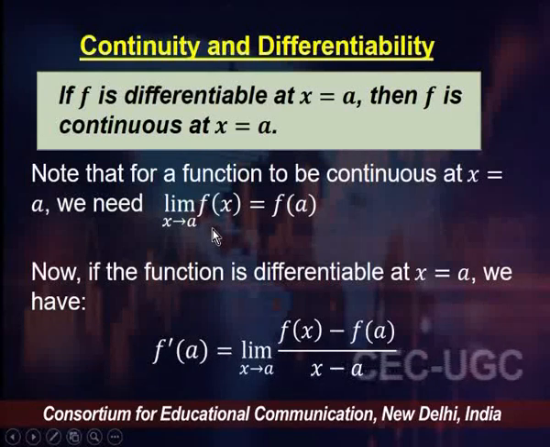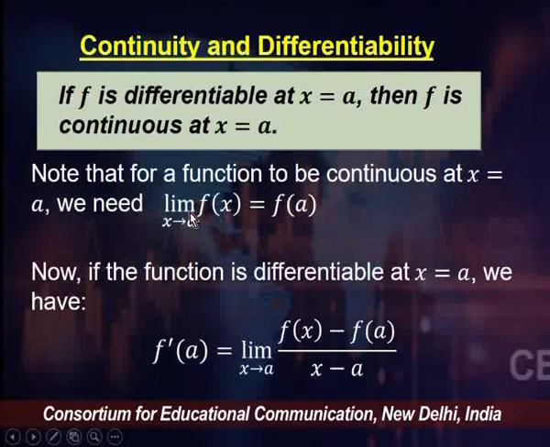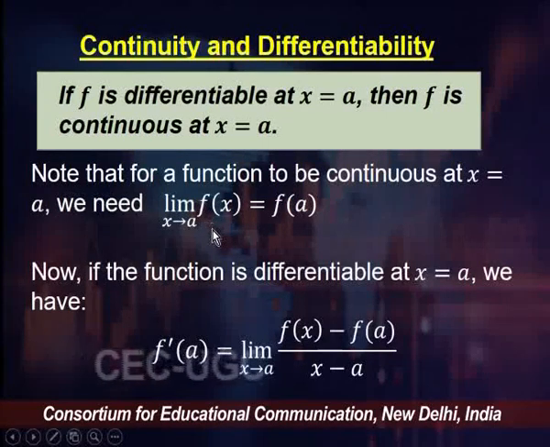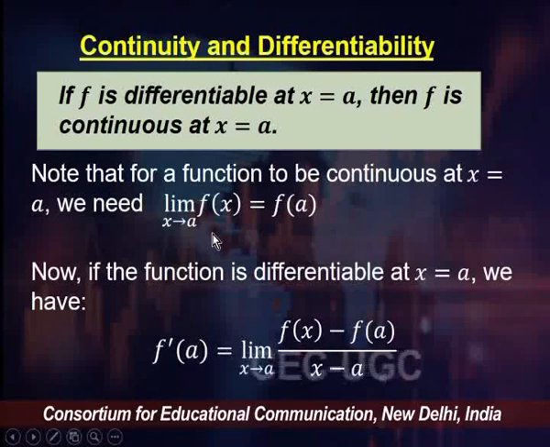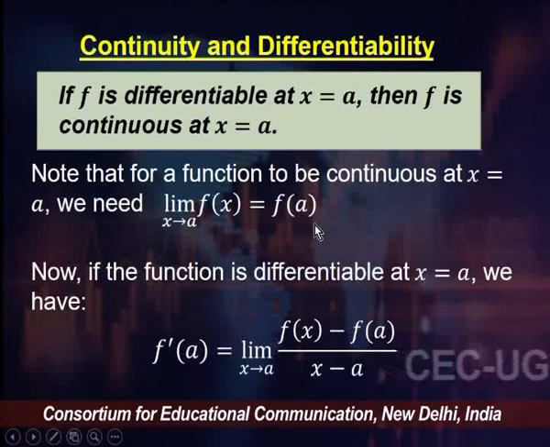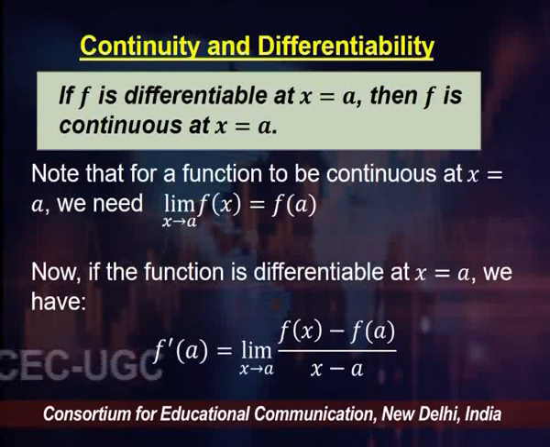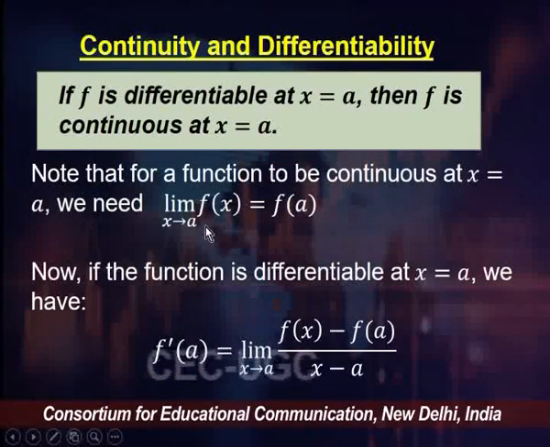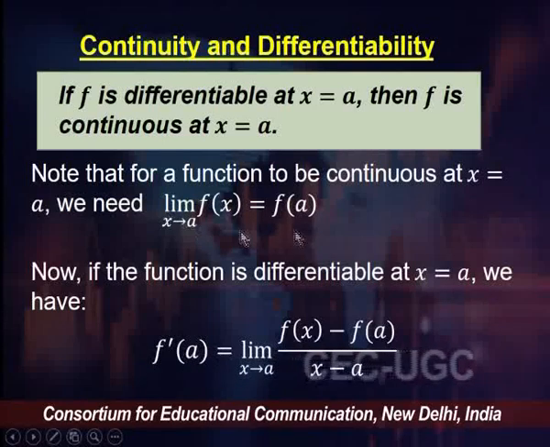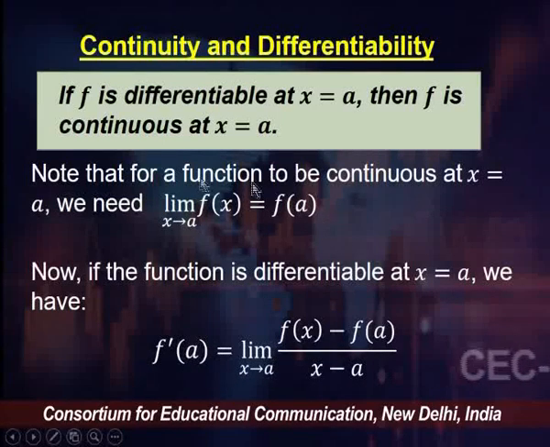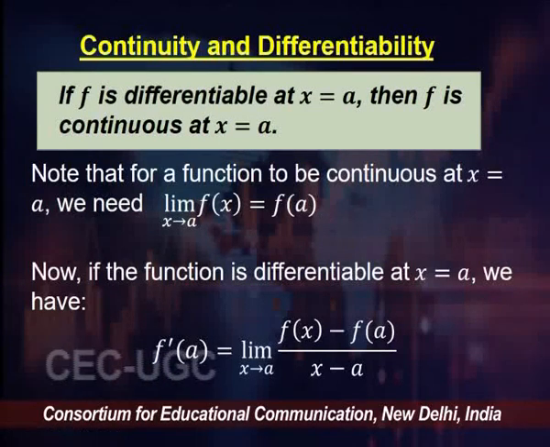And the third condition is that the limiting value of the function, which is represented here on the slide as the limit of f of x as x tends to a, should be equal to the value of the function at a. Okay. Now, this is what we have to prove, because if we have to prove continuity, that will be done via this condition. If this condition is fulfilled, then we can say the function is continuous at x equal to a.